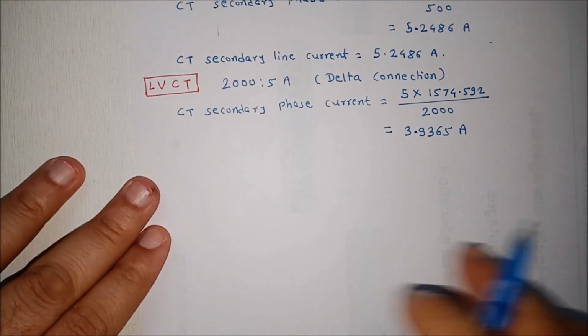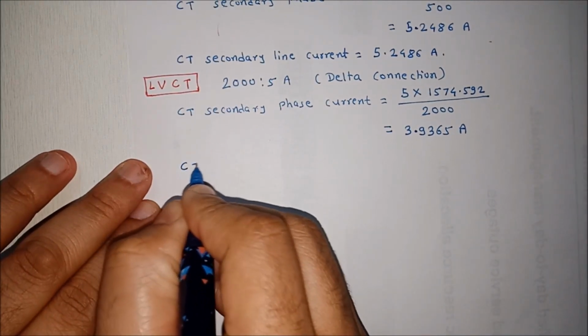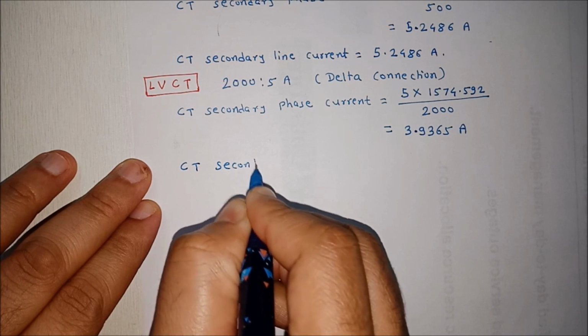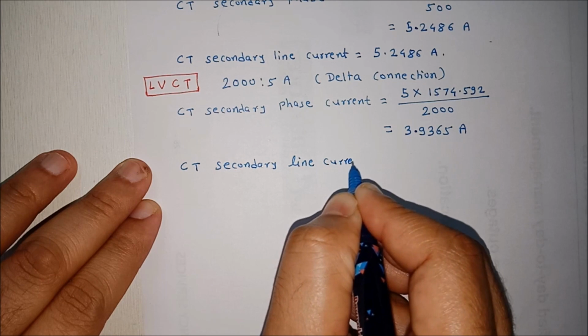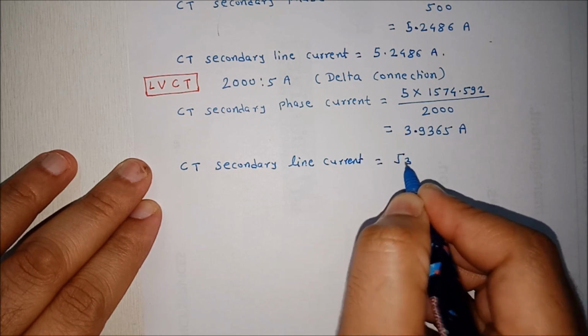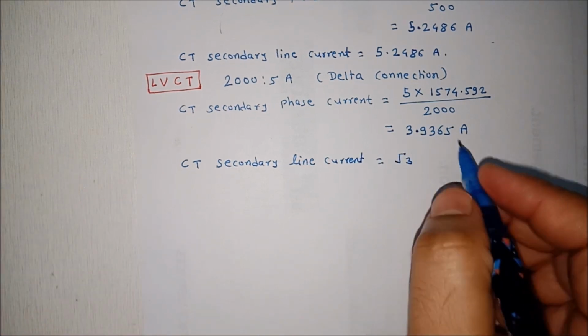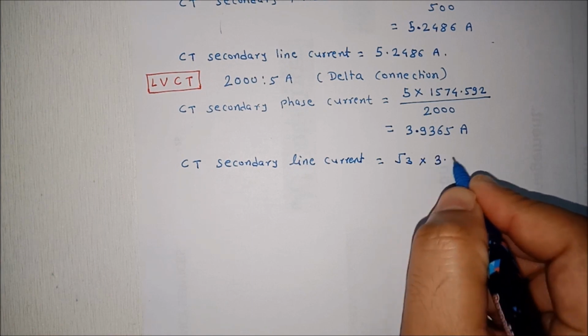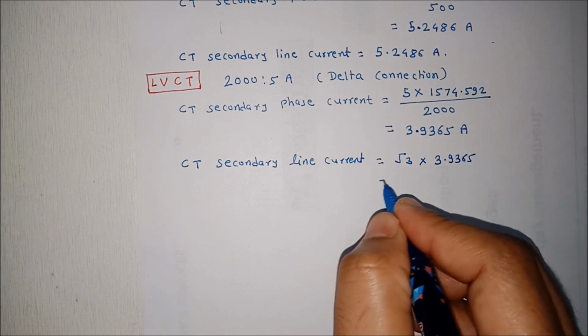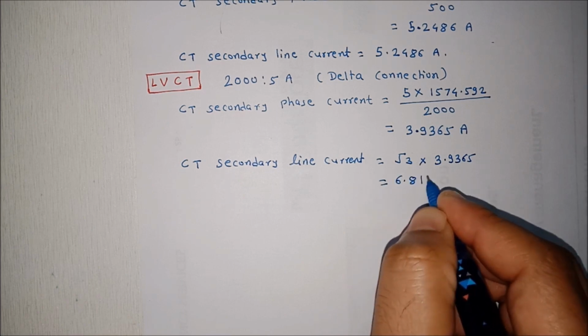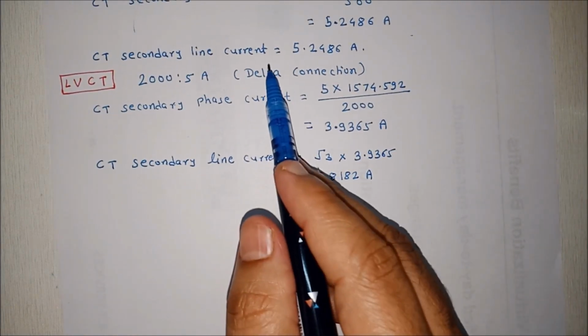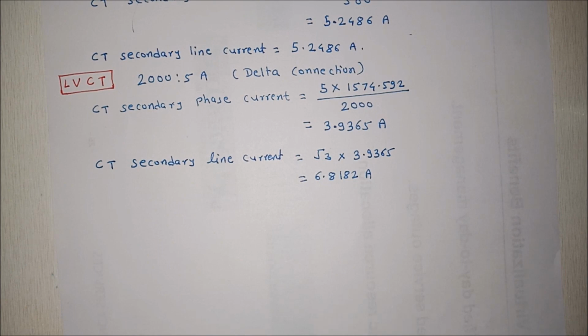So the CT secondary line current will be equal to √3 into 3.9365, and that is equal to, in the calculator, 6.8182. Why have we multiplied by √3? Because our connections are in delta, and for delta the line current is √3 times the phase current.